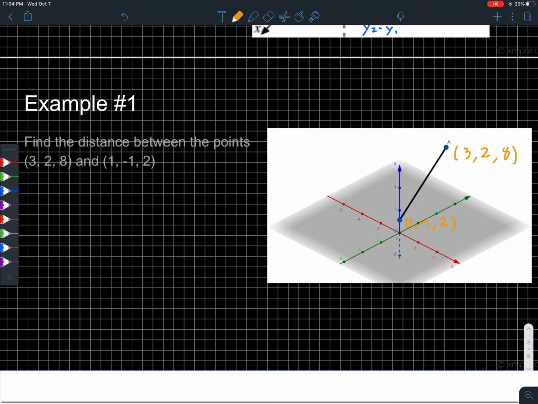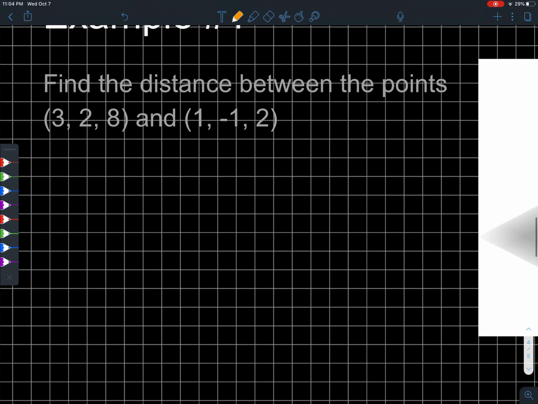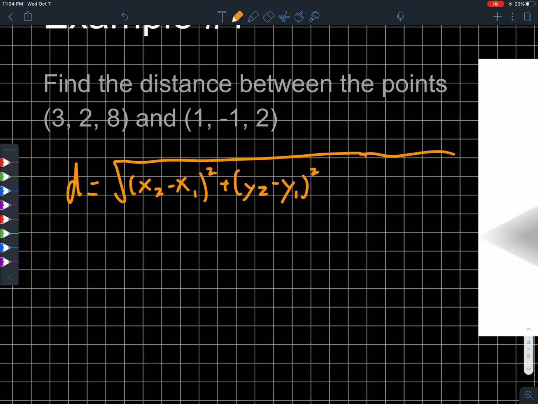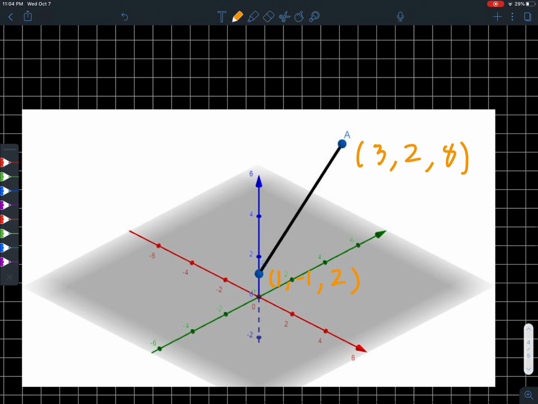Okay. So, all we do is we just plug it into our formula. We know that d equals the square root of x2 minus x1 squared plus y2 minus y1 squared plus z2 minus z1 squared. We got to pick a point 1 and 2. I'm going to go ahead and call this one point 2 and this one point 1.